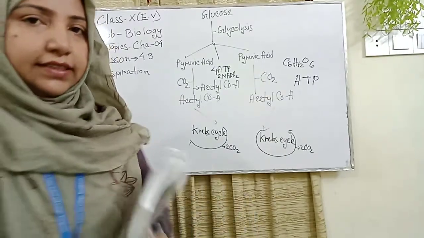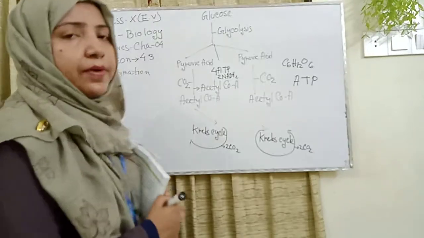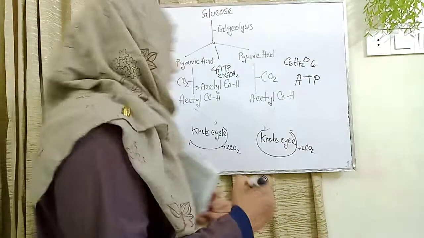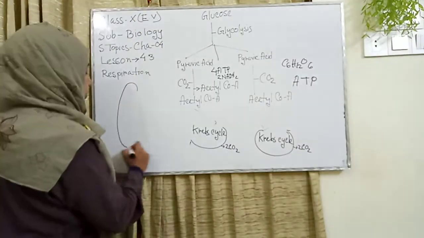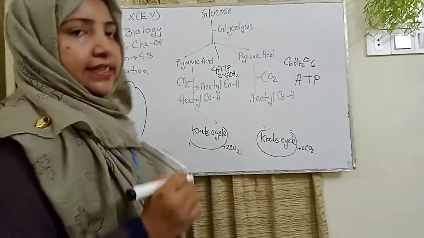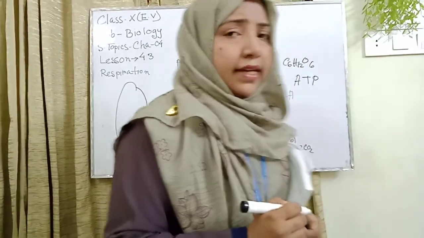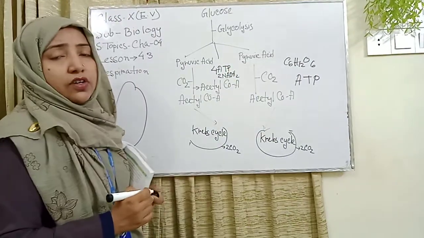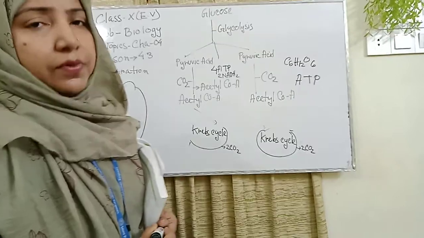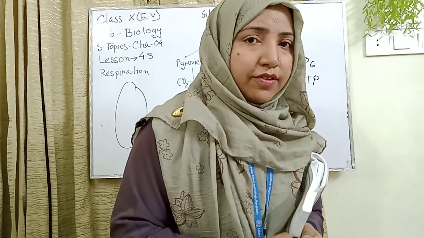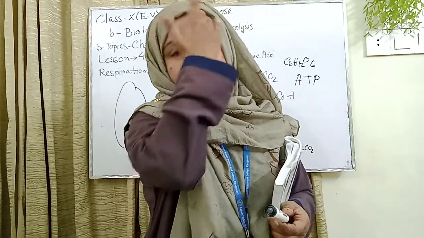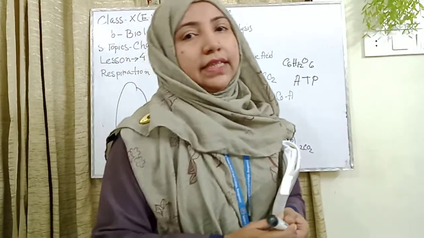The first stage is glycolysis. It happens in the cytoplasm. I draw the cytoplasm, and the next stage is acetyl-CoA formation, which happens in the outer space of the mitochondria. Have you any idea about mitochondria? Yes, the mitochondria is the powerhouse of the cell.